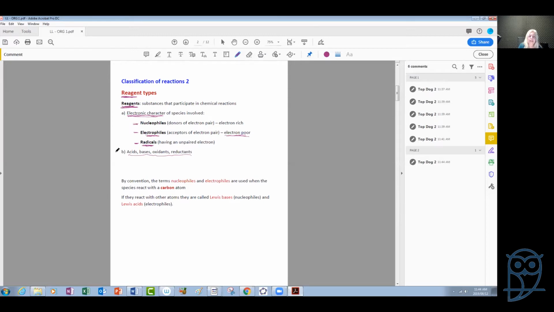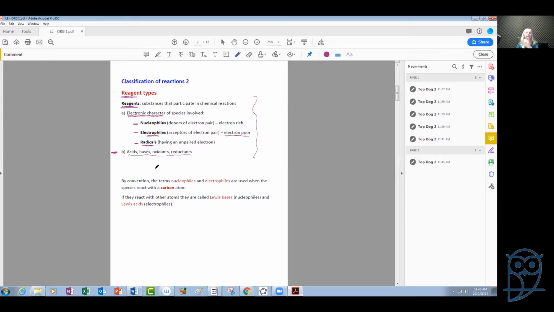But the truth is that this group here is not very much involved in the understanding of the mechanisms that we need in these organic reactions.